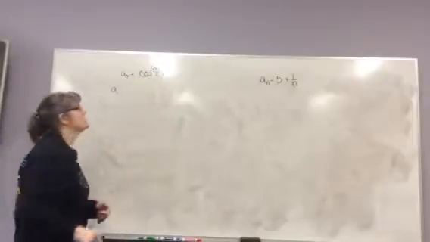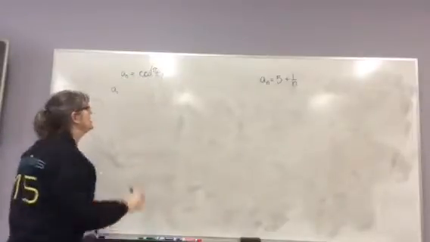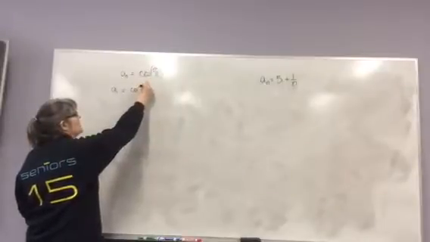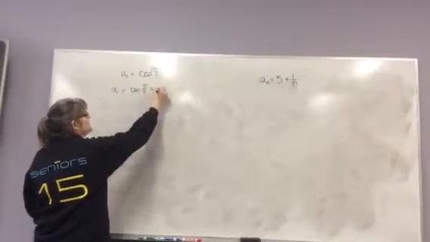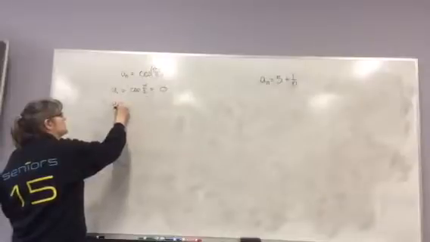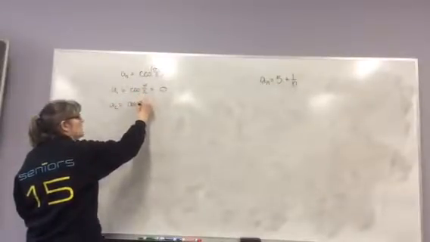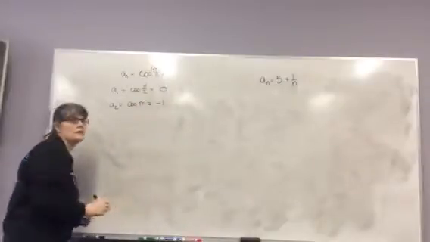a_n is cosine of pi times n divided by 2. a_1 would be the cosine of pi over 2, which is 0. a_2 would be the cosine of 2 pi over 2, or pi, which is negative 1.